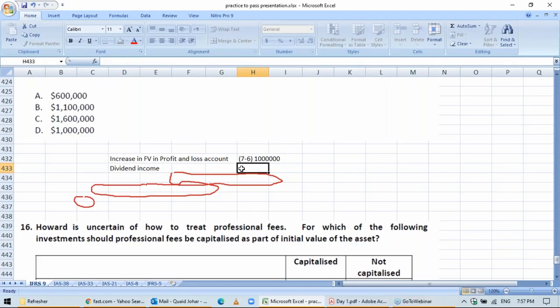The dividend income is 1 million shares multiplied by the dividend paid at 10 cents.